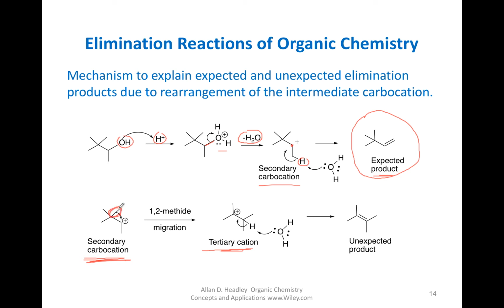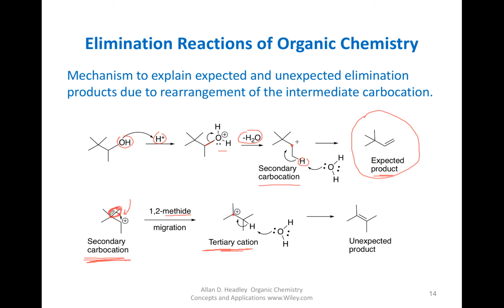Notice I'm circling the entire group with the bonding electrons. That's called a methide anion. So if this entire methyl group moves, as indicated by that arrow, what's left behind is a carbocation, which is now a tertiary carbocation.